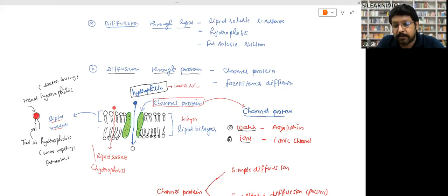Permeable, semi-permeable, and selectively permeable. Anyone of you? This question is for both of you. What is the difference between these three? Selectively means for selective compounds. And what is semi-permeable?